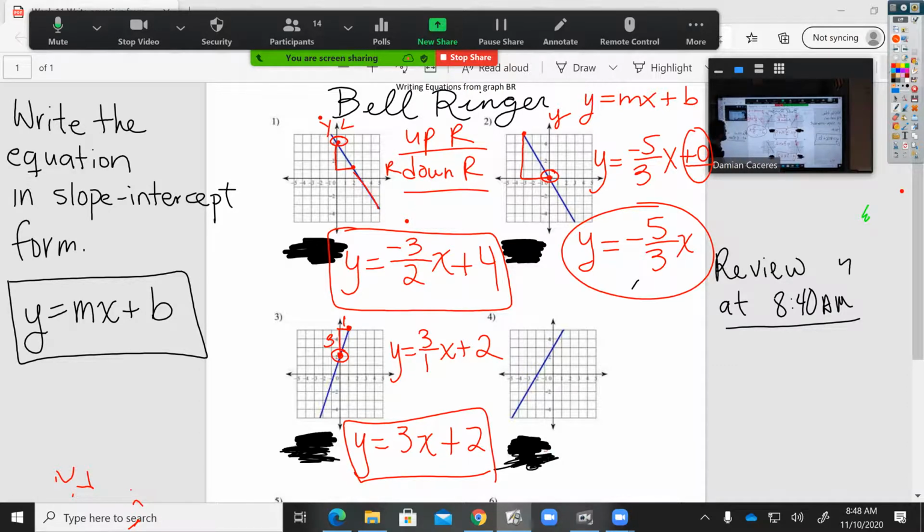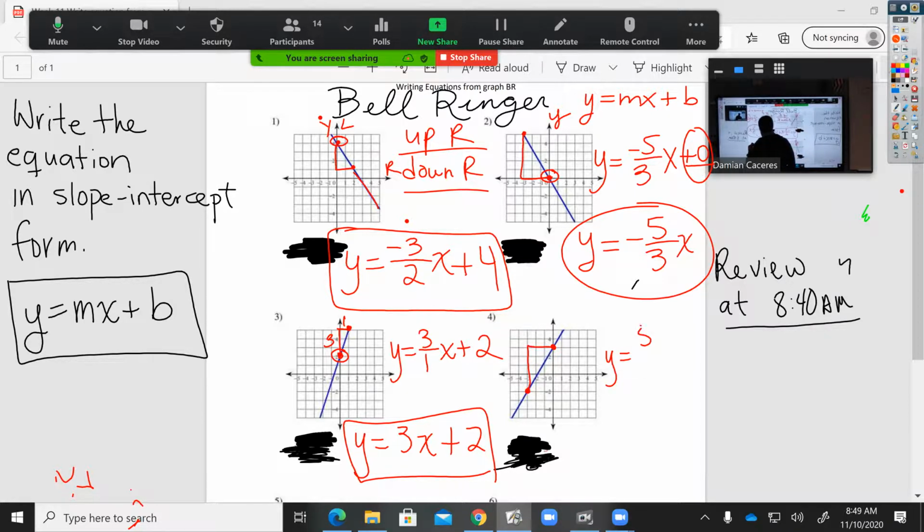Any questions so far? All right, number 4. From left to right, first point I see is right here. The next point is right here. So now to get from left to right, I have to go up 5 units, right 3.